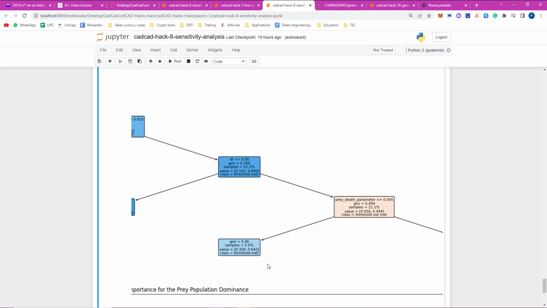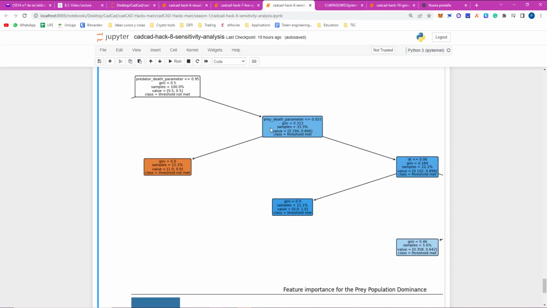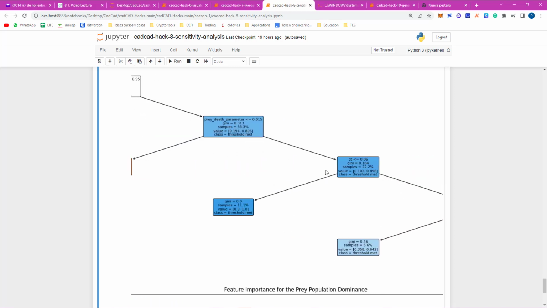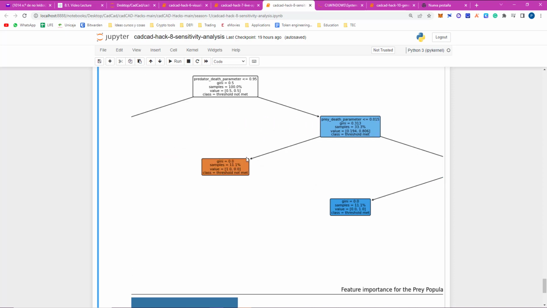So you make fewer mistakes, because if you stay here, you will have all the errors of, for example, getting all the prey death parameters that are below 0.015 that do not meet the threshold at all, but they will still belong to this group.